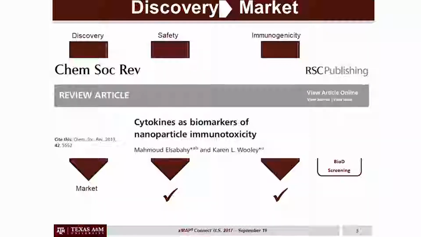As we all know, there is a long journey for any newly developed drug or delivery system from discovery to the market, and safety remains a crucial part of this journey. Immunogenicity constitutes an important part, and cytokines can provide important information on the immunotoxicity of nanomaterials.